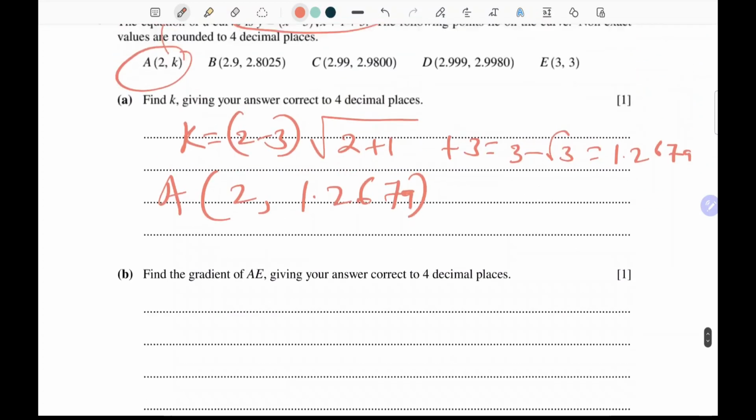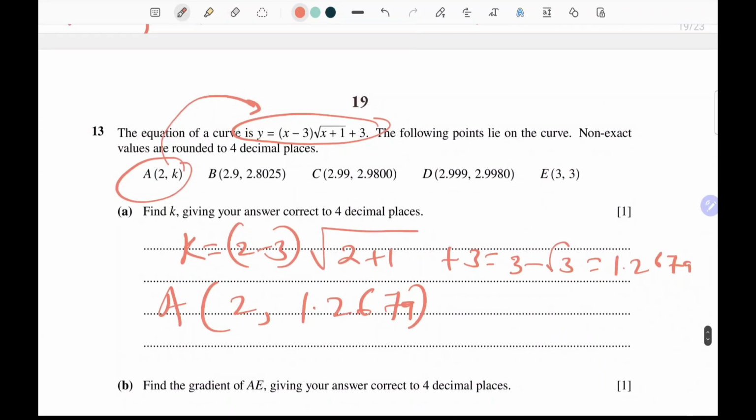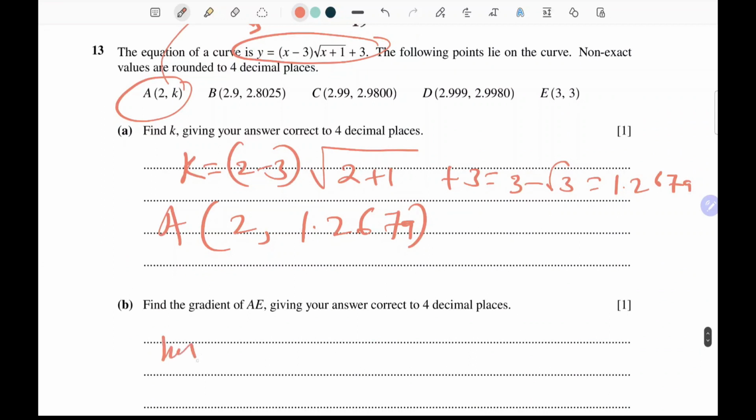Now find the gradient of AE. A is here, E is there, so that's very simple. M_AE is 3 minus k, which is 1.2679, over 3 minus 2, which is 1. So that's 1.7321.